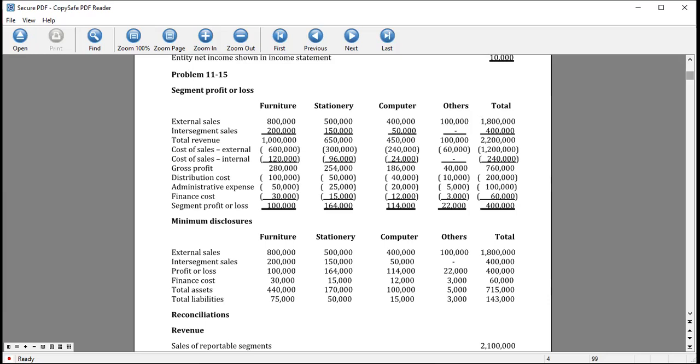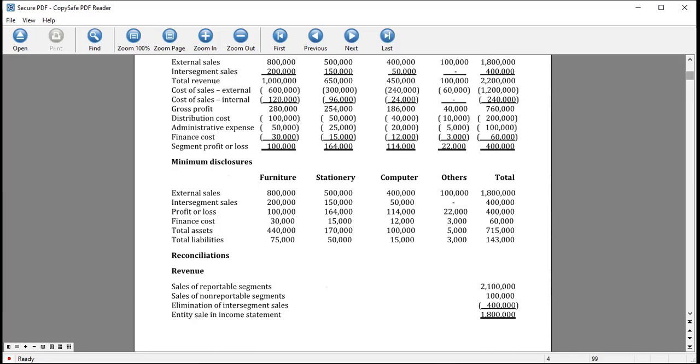Then we have the minimum disclosures for the three segments. Minimum disclosures. Okay. So for external sales, inter-segment, profit or loss, finance cost, total assets. Okay. And also the total liabilities, and we have the corresponding reconciliation.